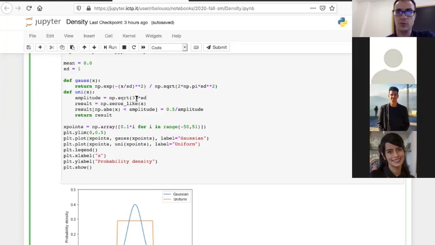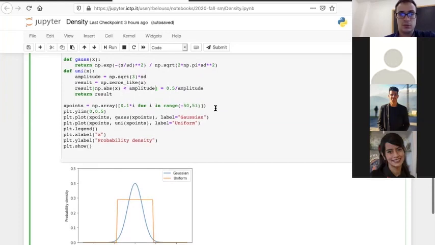Basically, I just need to expand the amplitude by the square root of 3 times the standard deviation. And this probability density gives zeros everywhere, so there is 0 probability to find x outside plus minus amplitude. And when our x is inside the region where x can take a value, it equals 0.5 divided by the amplitude.